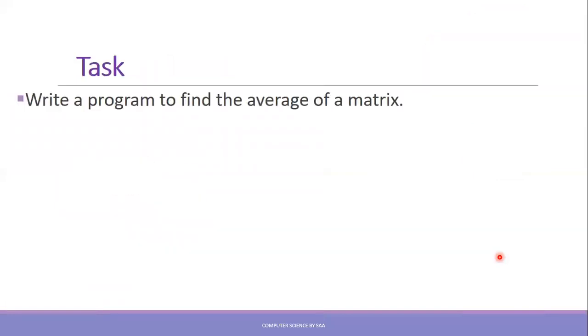Here is your today's task. You have to write a program in C++ to find the average of a matrix. It means that first of all you have to declare a 2D array. You can give any name to that 2D array, or simply you can name it matrix.